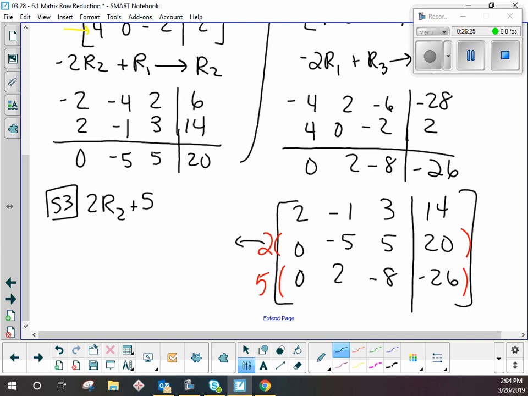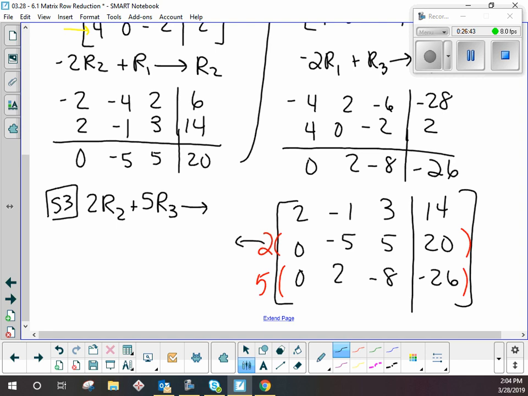So 2R2 plus 5R3 will give me which new row that I want? -2, and then it would have to be, yeah, -5.